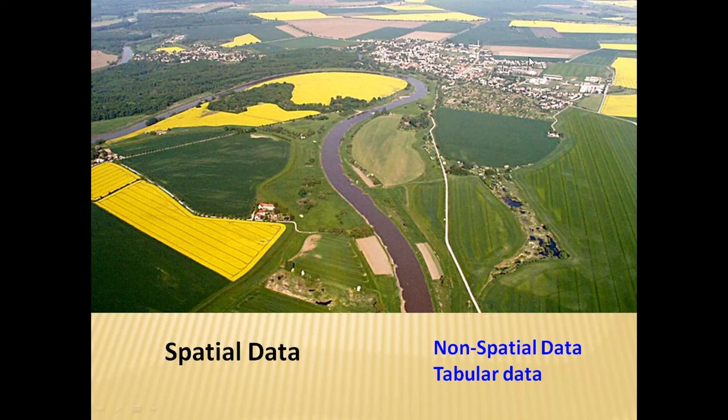For example, if this is the village, how many buildings are there in this village, how many roads, how much area is covered, how much length, how much width, how many water tanks inside the buildings in the village. So these are all non-spatial data.